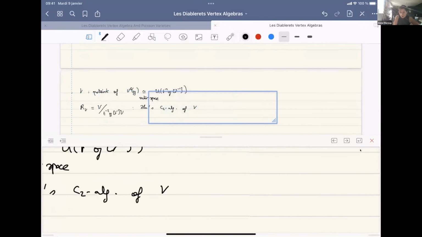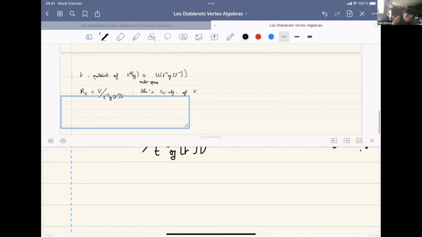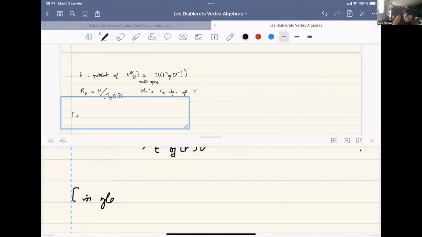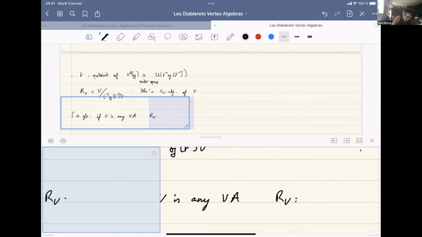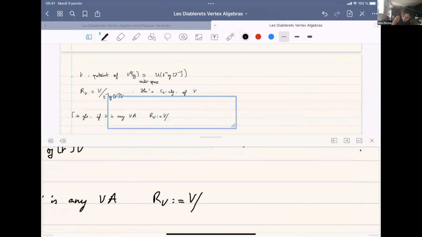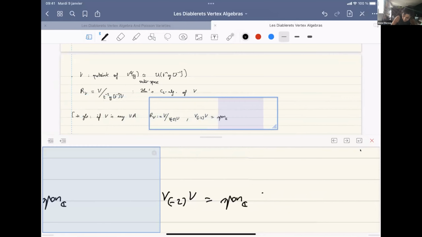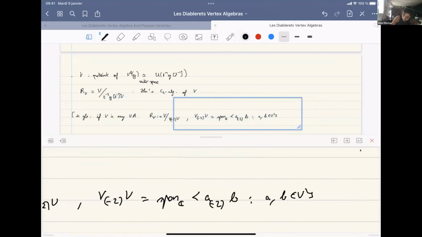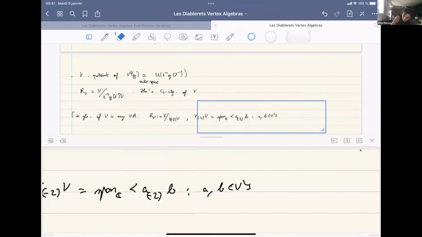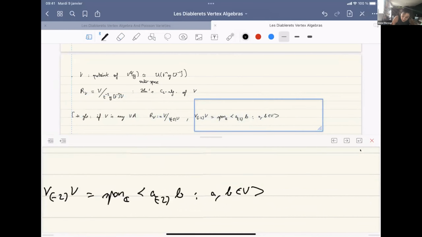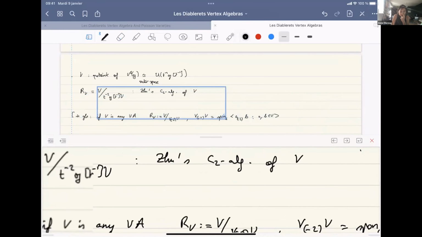And this is naturally endowed with a Poisson structure. So maybe I just make a remark that in general, if V is any vertex algebra, R_V is defined to be V divided by what I like to denote like this, where this is the span of elements of this form. And I'm just saying that this space is nothing but this one.